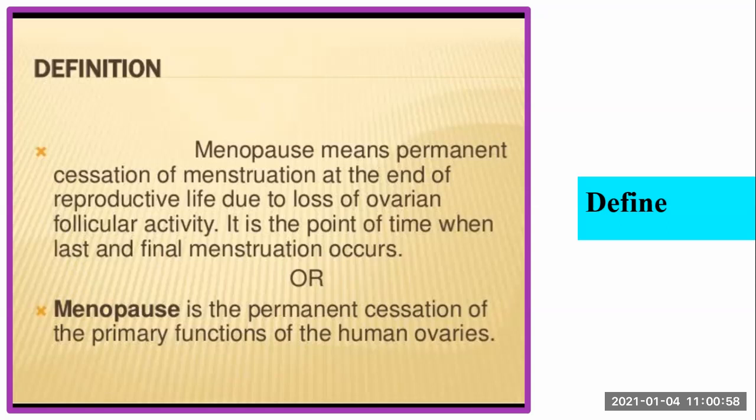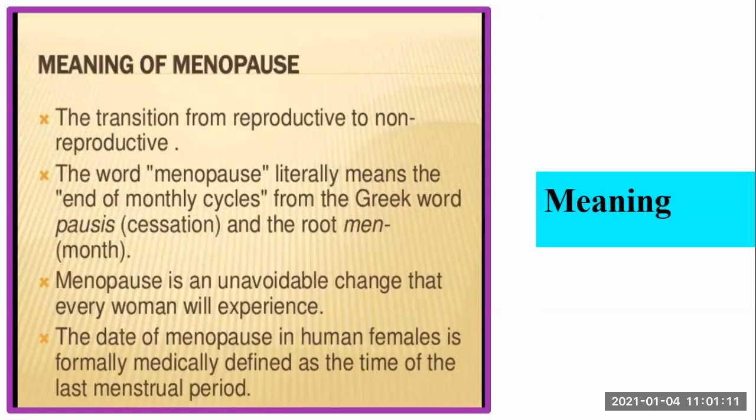That is the permanent cessation of the primary functions of the human ovary. It is nothing but menopause. It means the transition from reproductive to non-reproductive. After menopause, that particular lady cannot conceive.